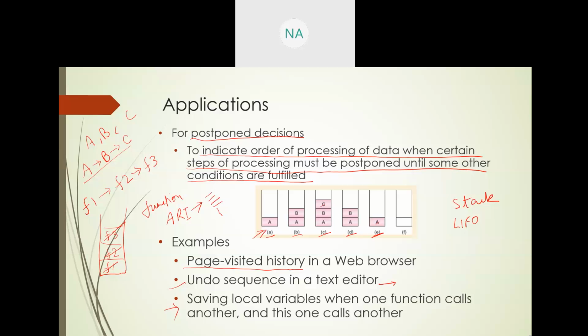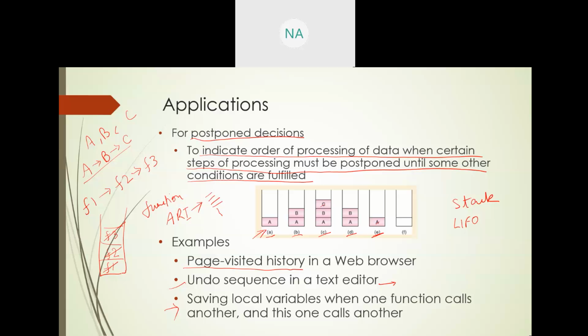In fact, we will discuss some applications of the stack in the next few lectures. For example, we will be discussing the various notations of writing expressions, the infix, postfix and prefix notation, and how you can convert one notation into another. We will also discuss quicksort, which uses the stack.